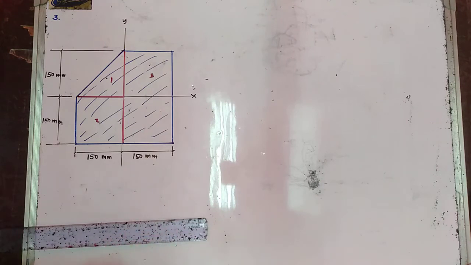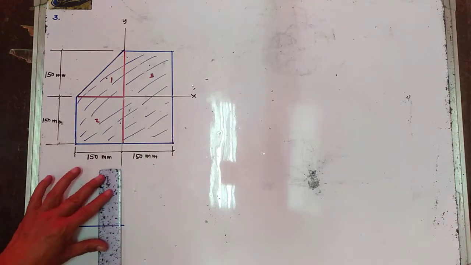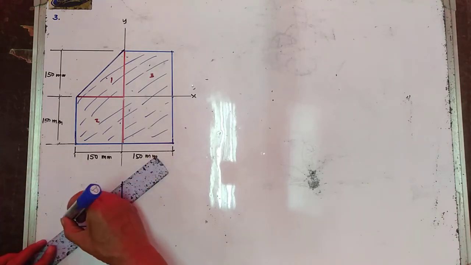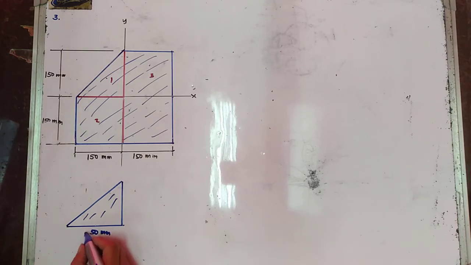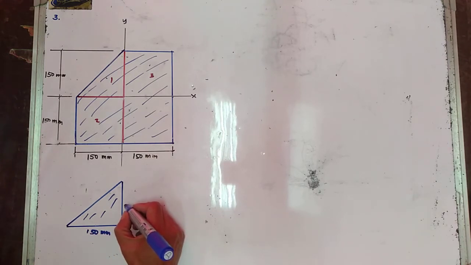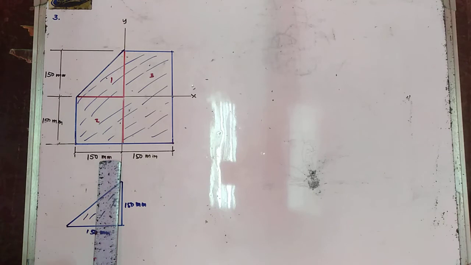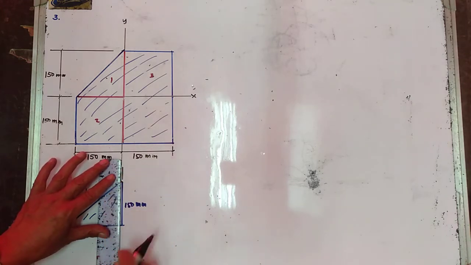Now, for the first area, this is the first area. This one is 50 millimeter, 150 millimeter, and this one is 150 millimeter. So we have about the y-axis. So this is now the y-axis.